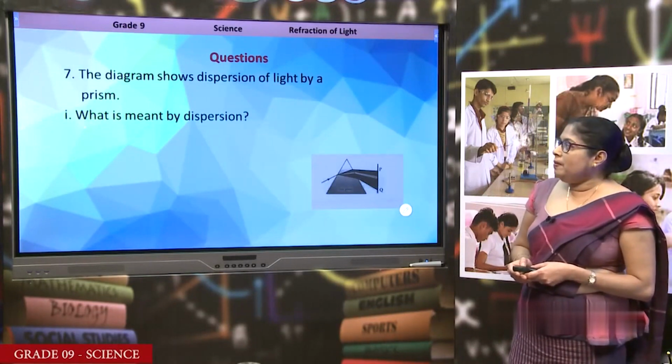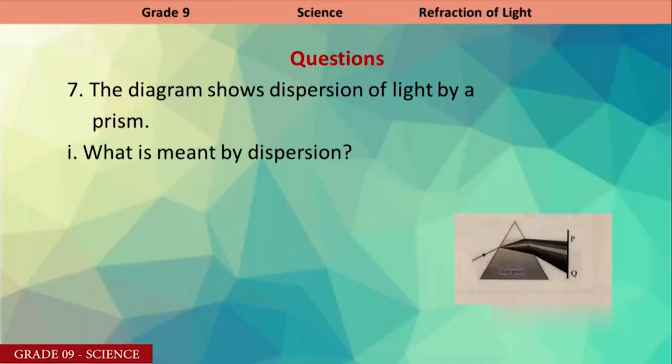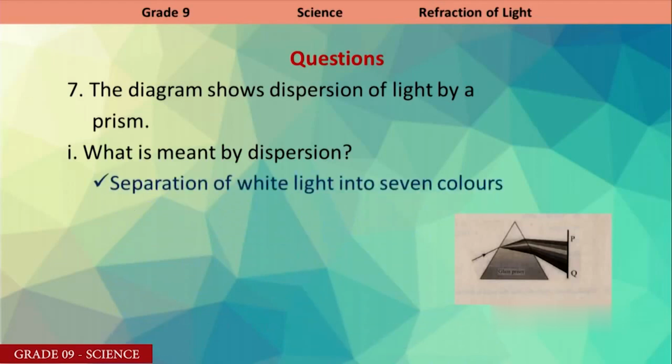Question number 7. A diagram of dispersion of light by a prism is given and you are asked to define what dispersion is. Dispersion is separation of white light into 7 colors.